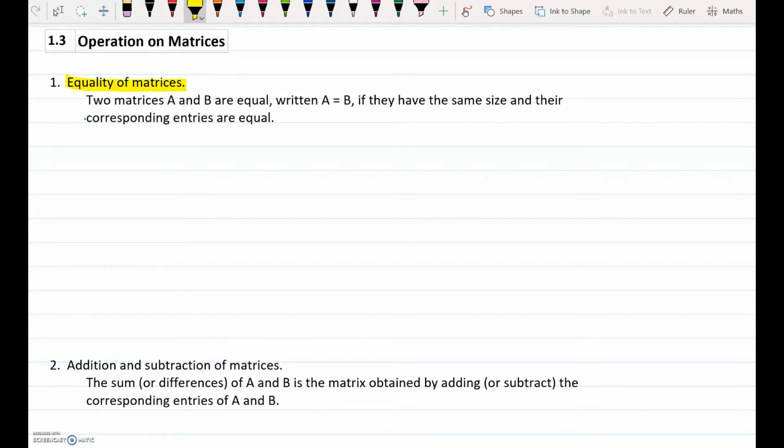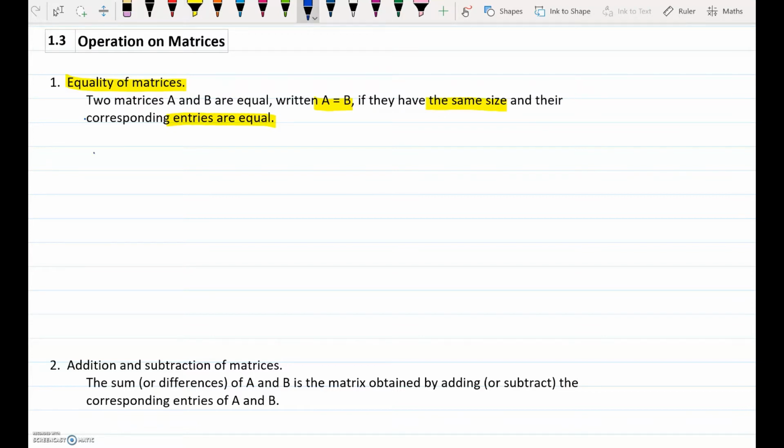Two matrices A and B are equal, written as A equal to B, if they have the same size and their corresponding entries are equal. So all the entries are equal.